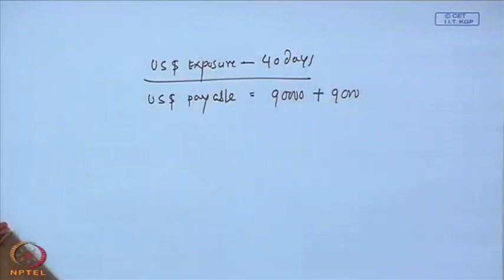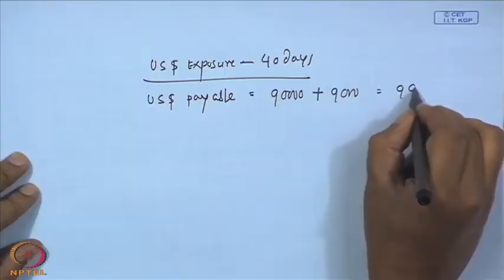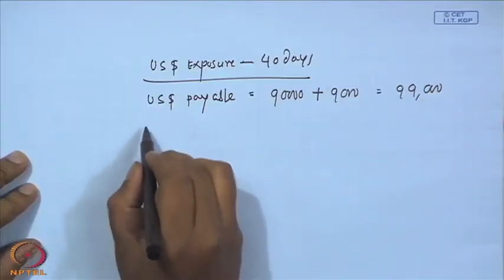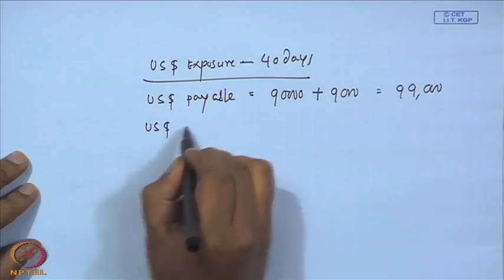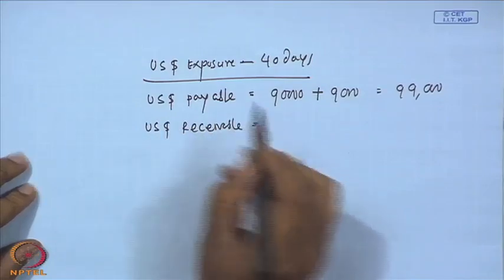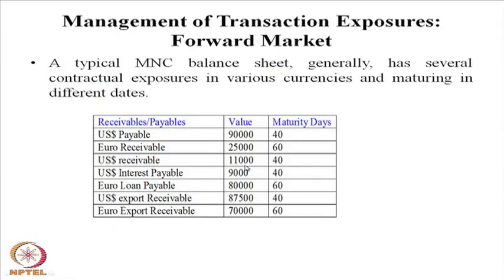Similarly, no other payables are there. So the total payables in US dollar will be 99,000. Similarly, you have to go to the US dollar receivables. If you see the example, the US dollar receivable is 11,000 after 40 days.